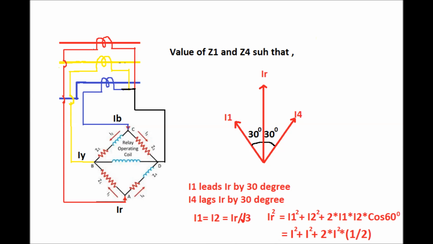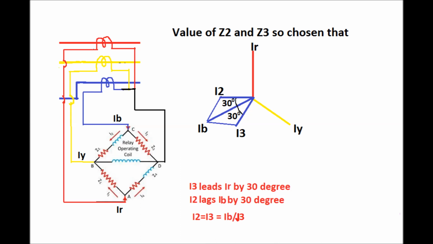I1 will lead IR by 30 degrees, and I4 will lag IR by 30 degrees. So I1 leads I4 by 60 degrees. The magnitudes of these two components are equal, and the value of I1 is equal to I4 is equal to IR by root 3, since IR is the vector sum of the two components of the current.